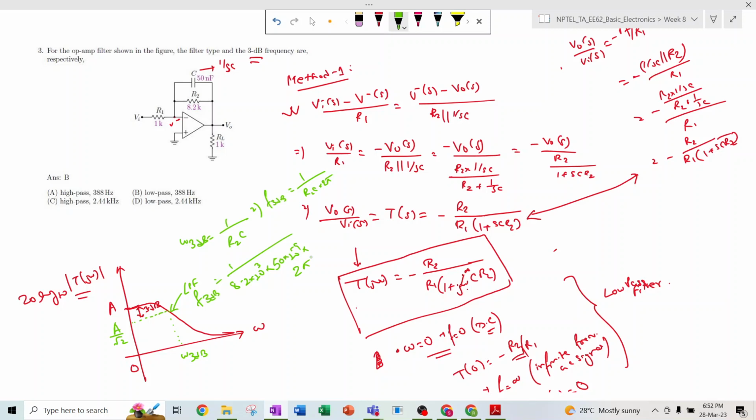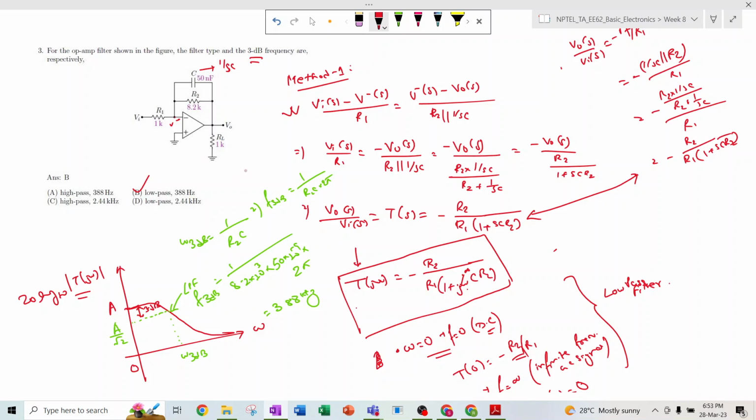So 8.2 into 10 cube into 50 into 10 to the power minus 9 into 2 into pi, and 1 divided by the answer. This will come as 388 hertz. So the correct answer is low pass filter, 388 hertz. So option B will be the correct answer.